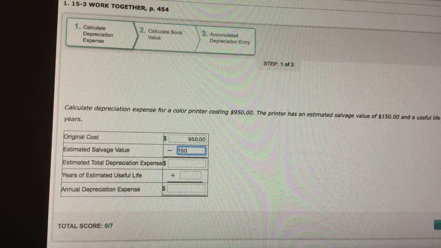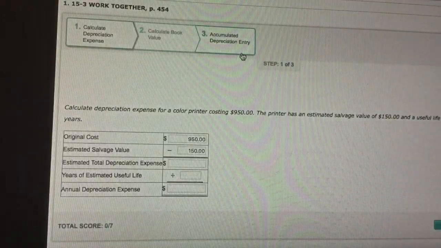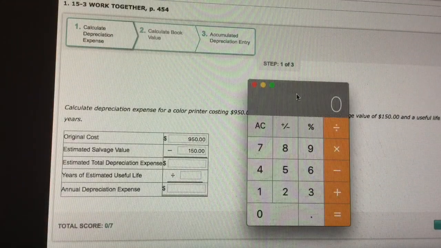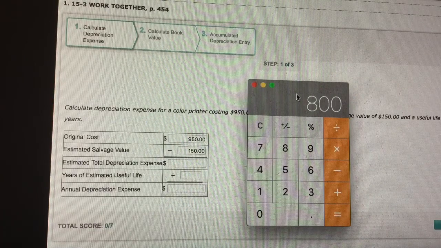We're going to subtract these two values to get our estimated total depreciation. So let me pull up my calculator. So what we're going to do to calculate the estimated total depreciation, we're going to do 950 minus 150. So our total depreciation expense is $800.